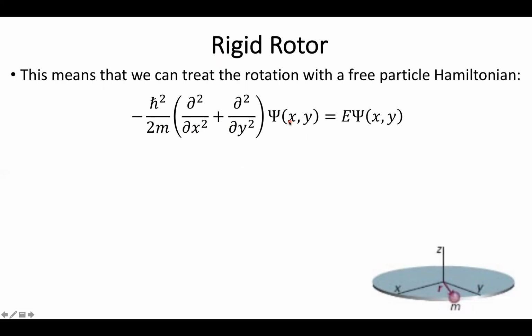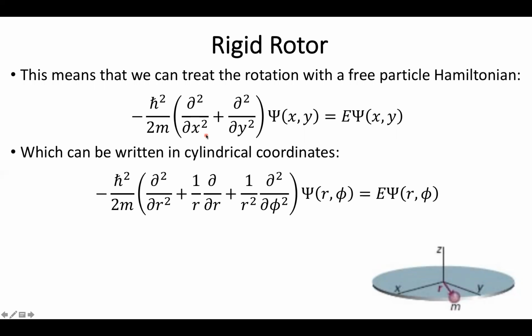However, it turns out that this isn't going to be the most convenient way to describe this system, because I have a fixed distance. Well, there's no good way to express the fixed radius or fixed bond length in Cartesian coordinates. So I apologize. This is going to be the first of many times where we're going to flip to cylindrical coordinates.